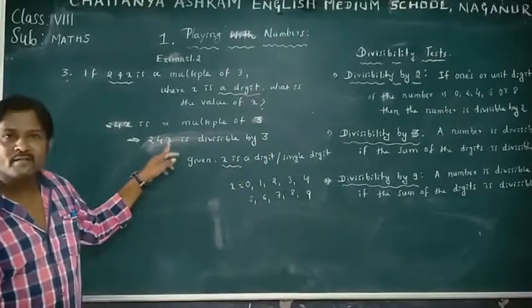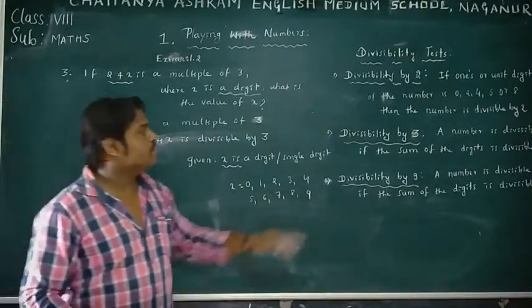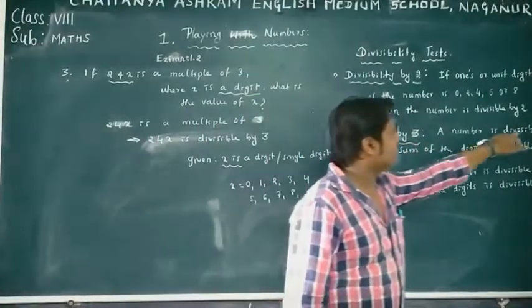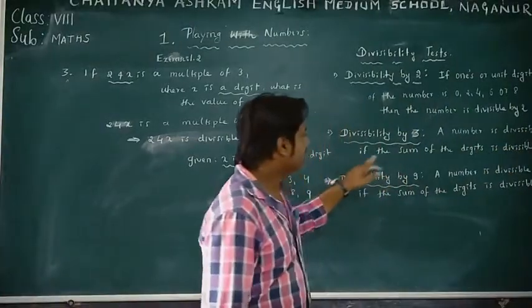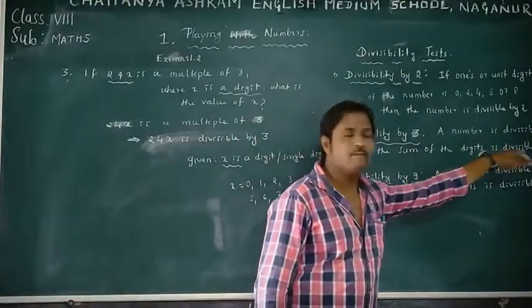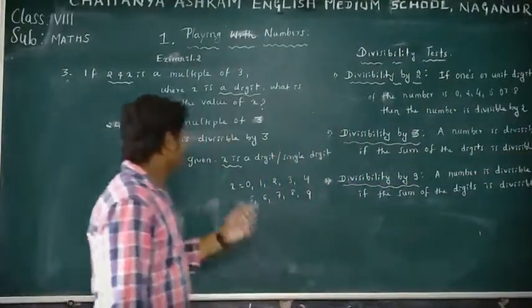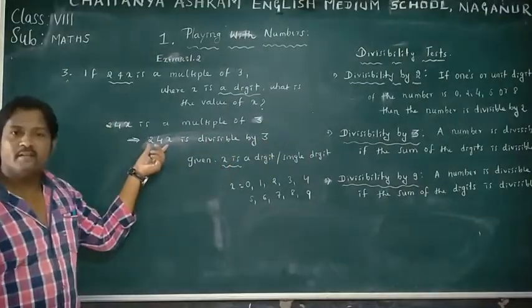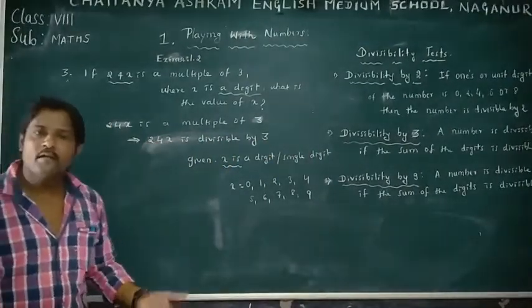To find the value of x, I use the divisibility rule of 3. What it states? A number is divisible by 3 if the sum of the digits is divisible by 3. So here this number is divisible by 3 means the sum of the digits is divisible by 3.